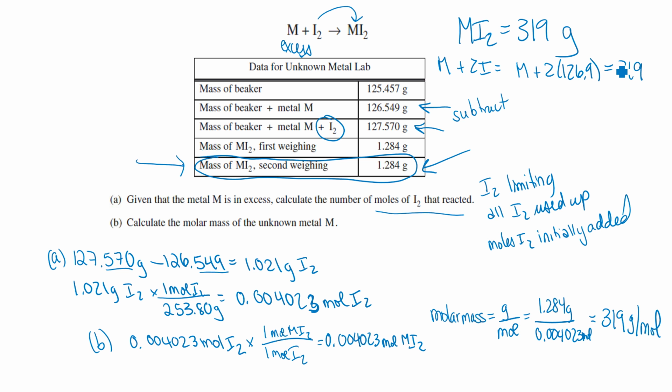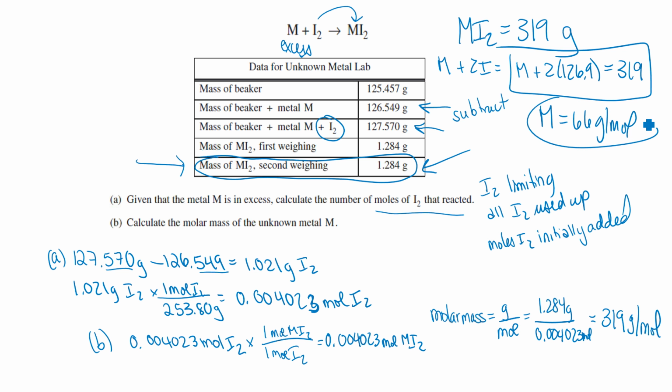So I know that these values add up to 319. So if I do some math here, do some subtracting, I can figure out the molar mass of M is actually 66 grams per mole. I think it ends up being 65.4 if you're doing a good job with sig figs, but there we go. So this was how I approached this problem. Again, there's different approaches you could take, but okay.